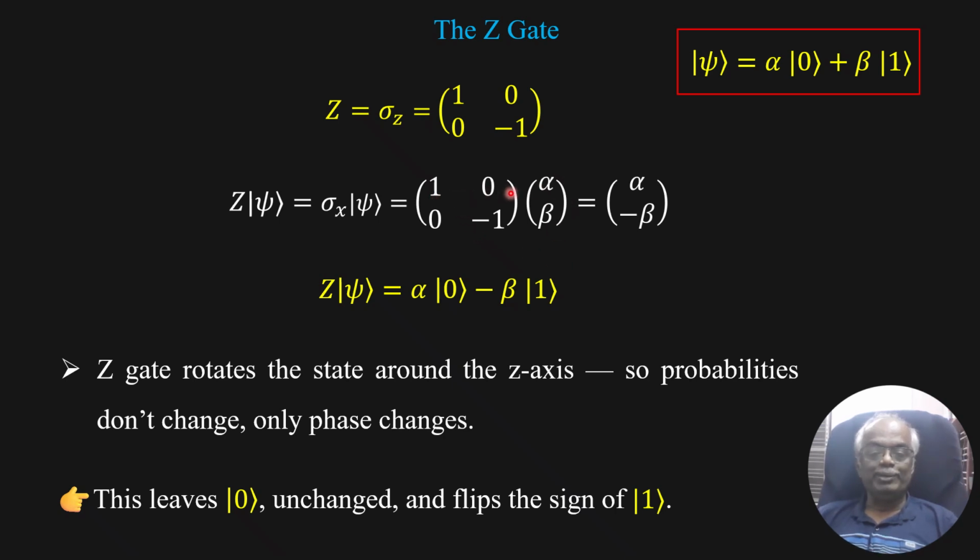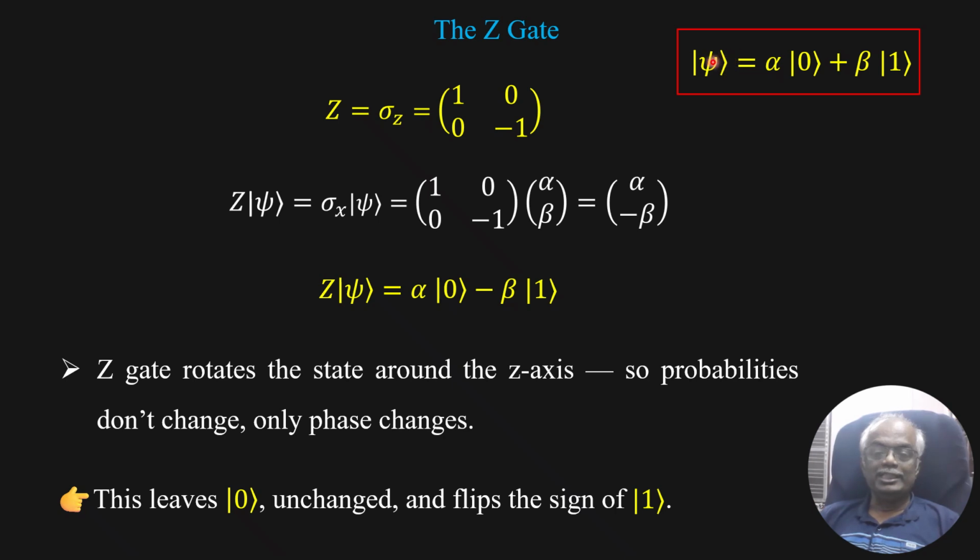If you multiply the first row and this column, it will be only alpha because beta becomes 0. Then you multiply the second row and this column, you will get minus beta. So when Z acts on ket psi, you will get alpha times ket 0 and minus beta times ket 1.